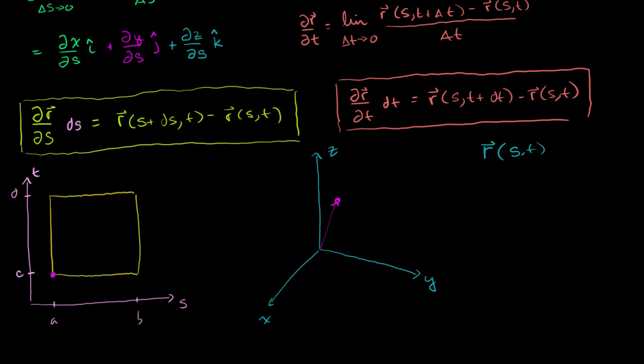And then let's say that this line right here, if we were to hold s constant at a and just vary t from c to d, maybe that looks something like this. I'm just drawing some arbitrary contour there. Maybe if we hold t constant at c and vary s from a to b, maybe it'll look something like that.